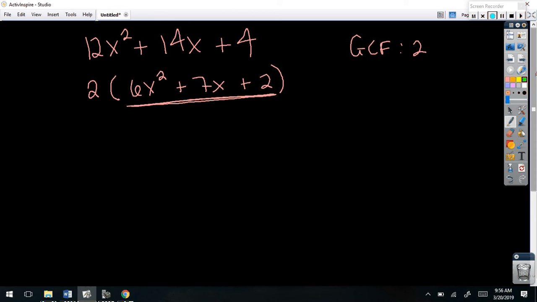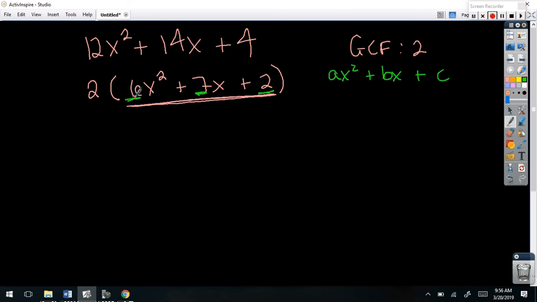So I reference A, B, and C a lot here because standard form of a quadratic like this is ax squared plus bx plus c, okay? Meaning A is the number in front of x squared, B is the number in front of x, and C is the constant, okay?